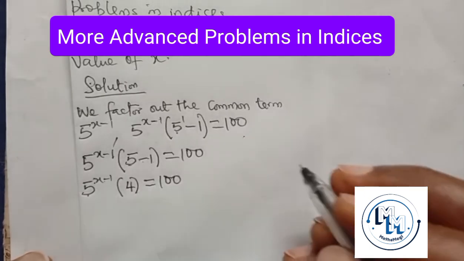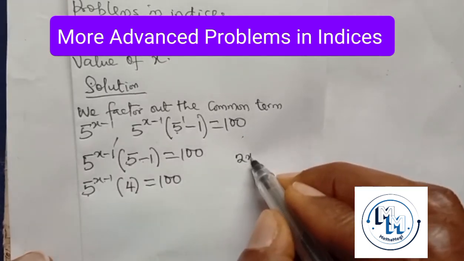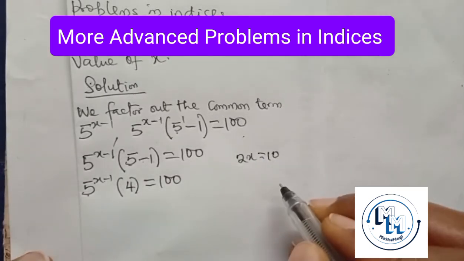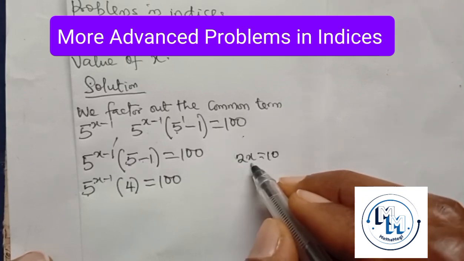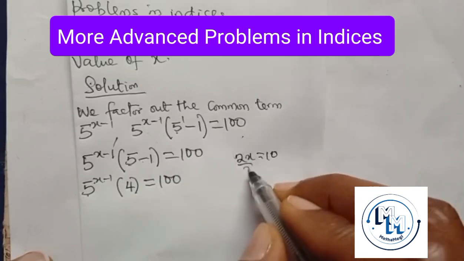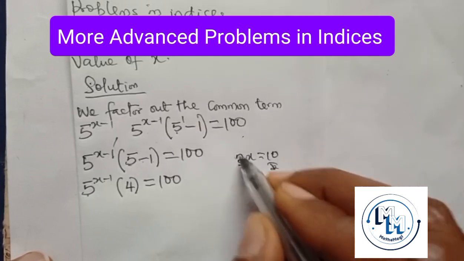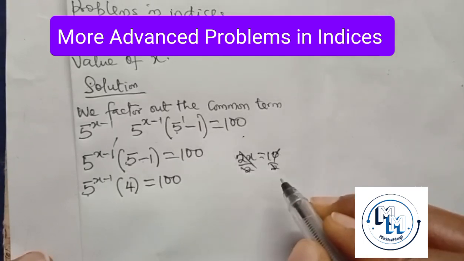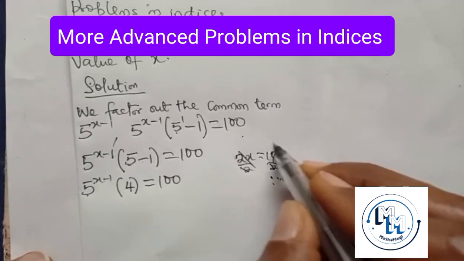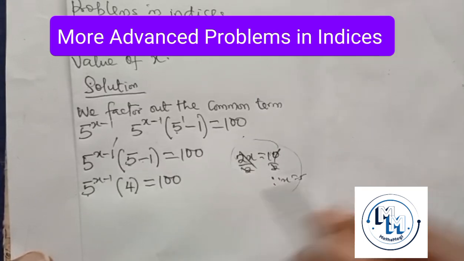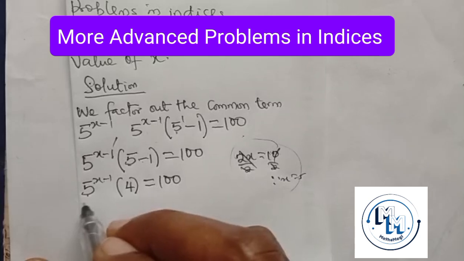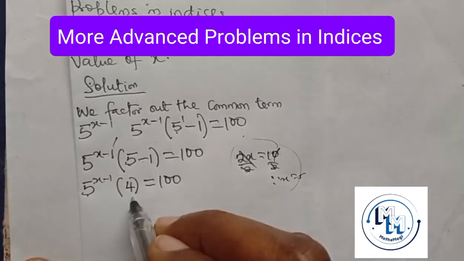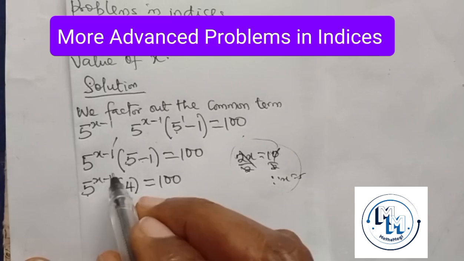Just like we always do, let's say we have 2x is equal to 10. Now this 2 here is the coefficient of this x. So to get x, we divide both sides by 2. So therefore x is equal to 5. Now let's come back here. At this point, we divide both sides by this 4, which we take as the coefficient of this 5 power x minus 1.